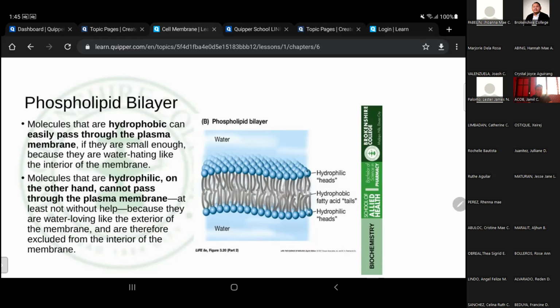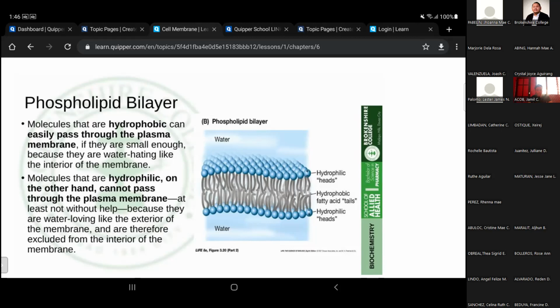And molecules that are hydrophilic, on the other hand, cannot pass through the membrane easily, at least not without help, because they are water-loving like the exterior of the membrane and are therefore excluded from the interior of the membrane.